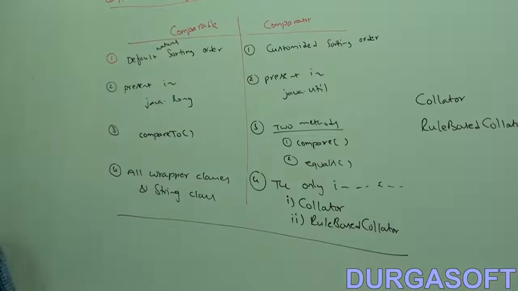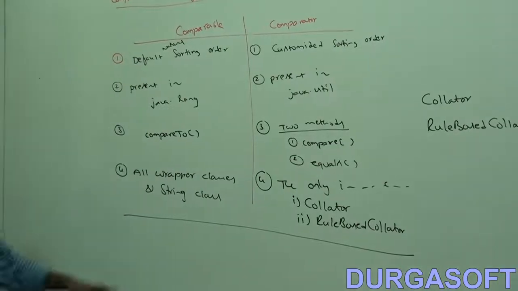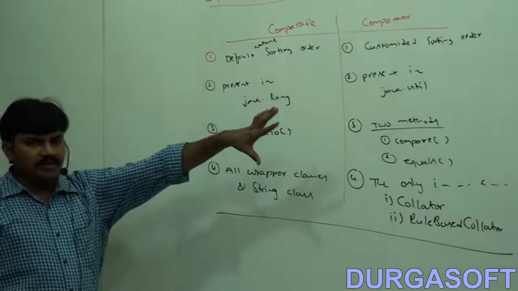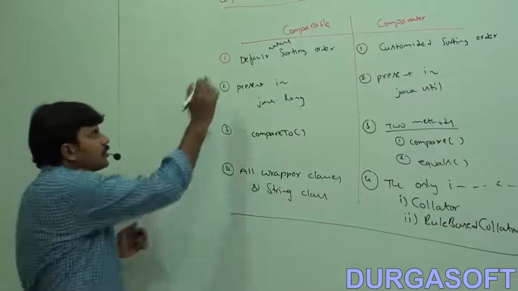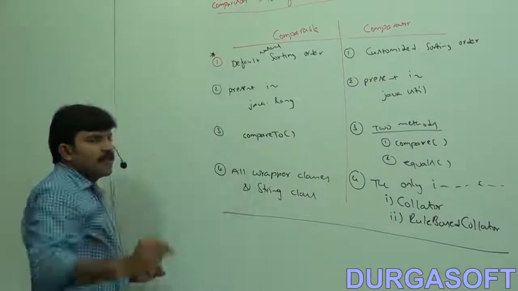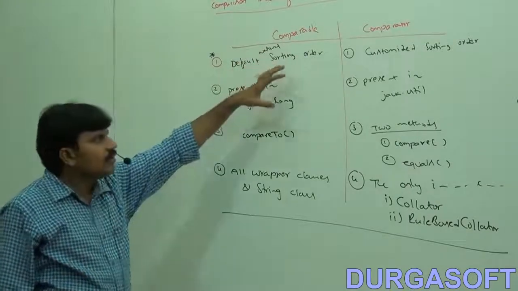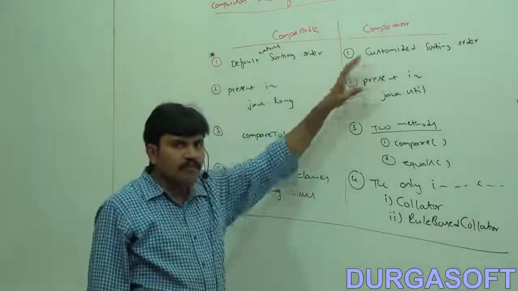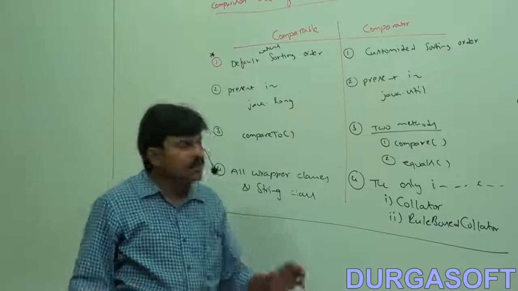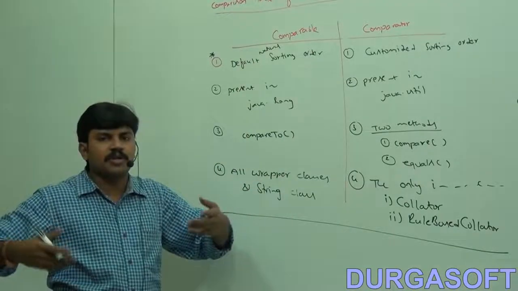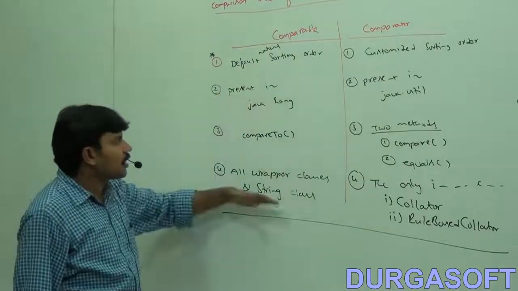If any person in the interview room asks what is the difference between Comparable and Comparator, the main important difference you have to tell first is: Comparable is meant for default natural sorting order, Comparator is meant for customized sorting order. Are you getting? Next, if he is still expecting some more points, then you can talk about these things.